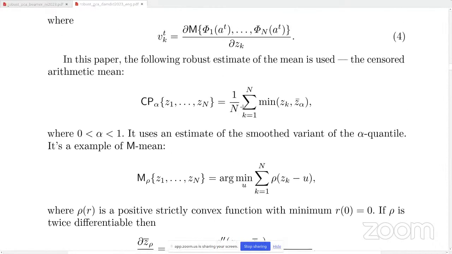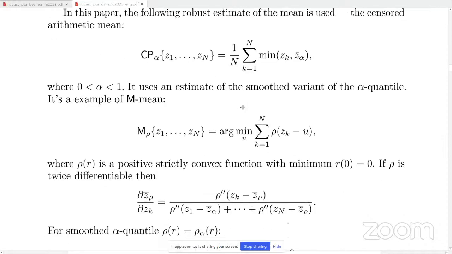Now, there are some examples of such estimation. The first is the so-called M-mean. The M-mean can be considered as the center of points on the real line. Z1, ..., Zn are the values, points on the line. The center is such a point U that the sum of estimations of the distance between U and Zk is minimal.